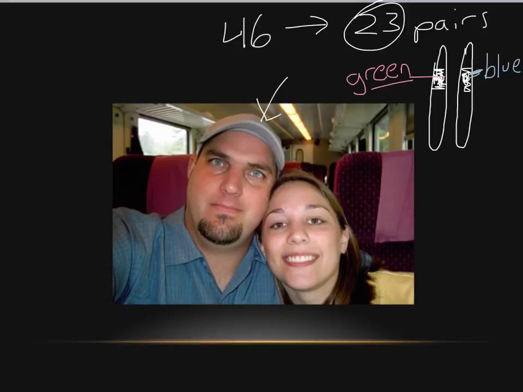These will be called alleles. This gene here is an allele for blue color, and this gene here is an allele for green eye color.